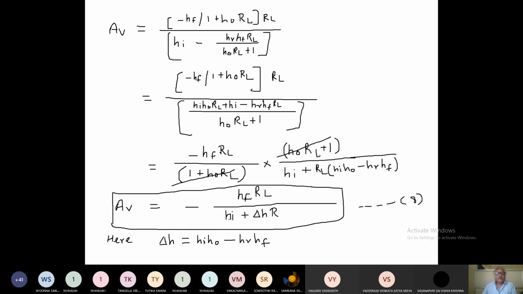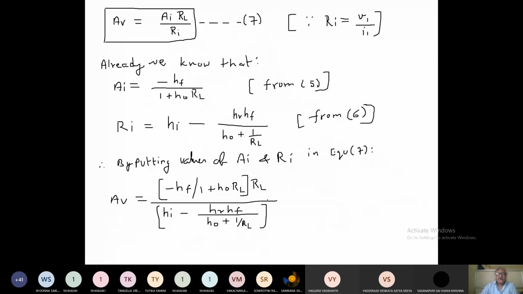Directly use the H parameters and the value of RL. Immediately you can see in your circuit what is the value of RL. You can calculate this. Okay. Otherwise, if you have already calculated current gain, if you have already calculated the input resistance, then directly you can use the expression number 7. This also you can use and you can find out the answer.